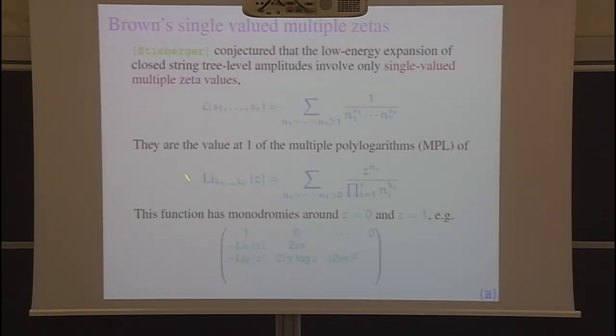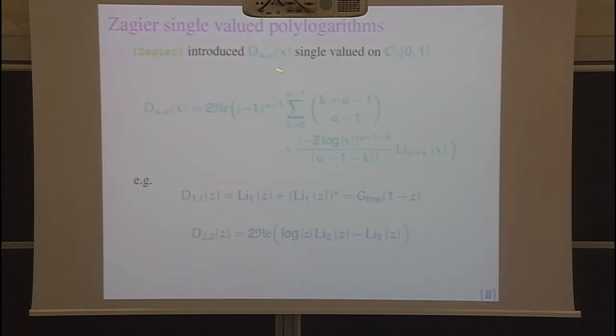You can introduce a single-valued version of this function. For example, Zagier had already introduced a version of the polylog that is single-valued on the complex plane, except that you have to remove 0, 1, and infinity.